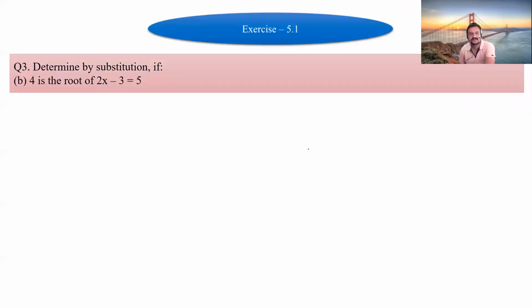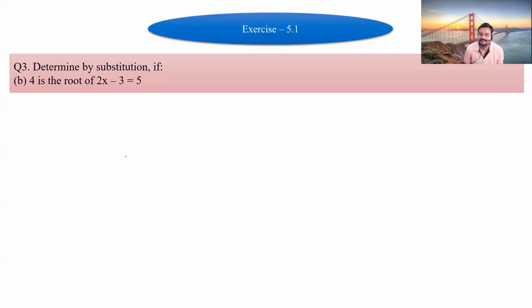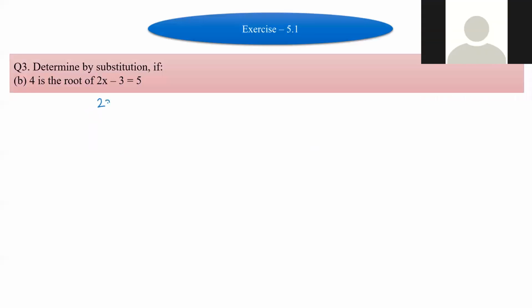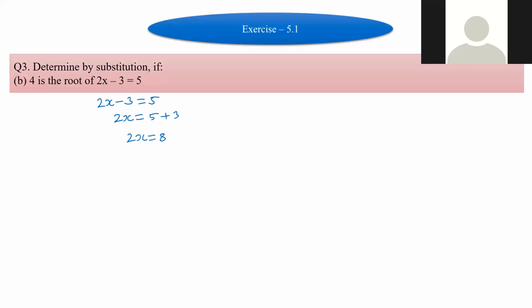Next one. Who will try the next one? Om Jadhav, speak. Yes, sir. Sir, 4 is the root of 2x minus 3 is equal to 5. 2x is equal to 5 plus 3. 2x is equal to 8. x is equal to 8 by 2, x is equal to 4.